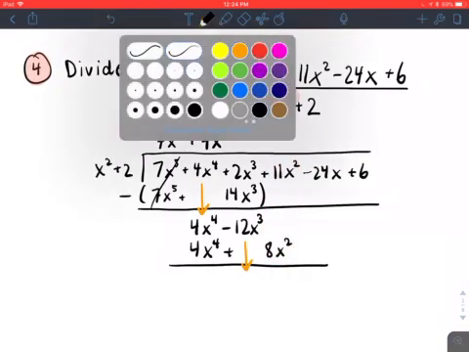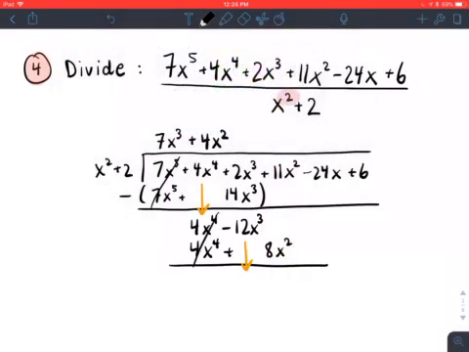So our next line will have negative 12x to the third plus 11x squared minus 8x squared, which will be 3x squared. This means that our next term in the quotient should be negative 12x.